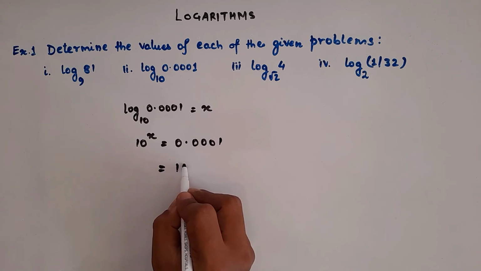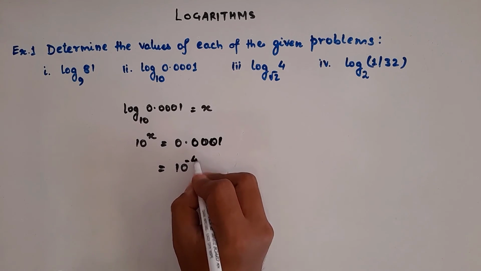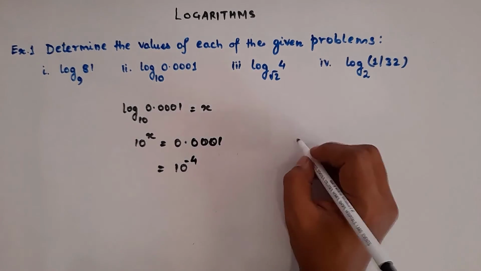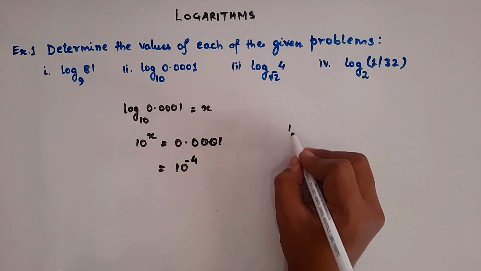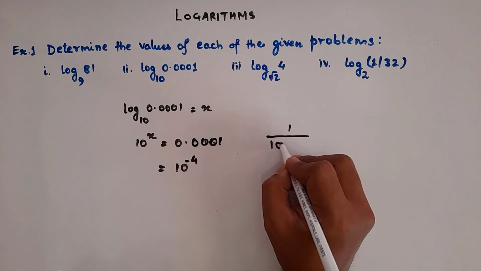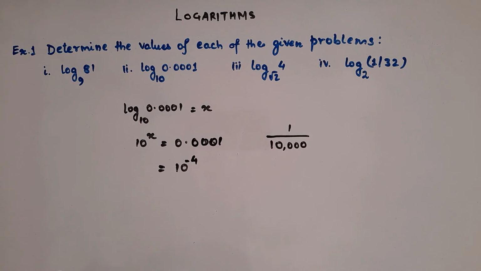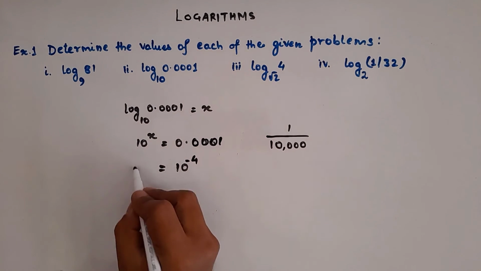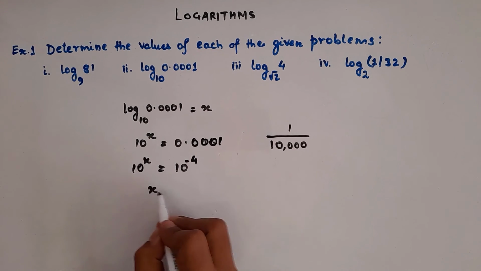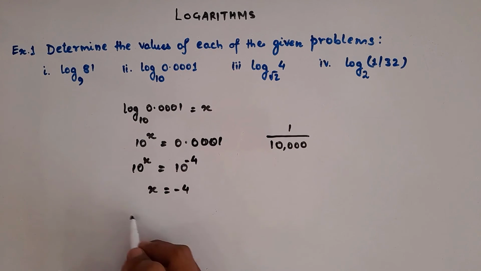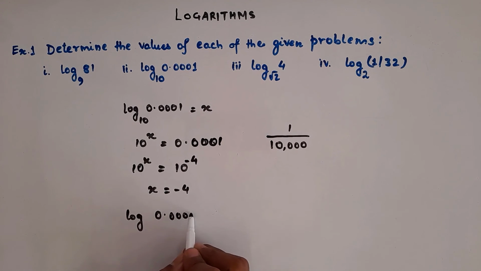And so that is 10 to the power of negative 4, or another way to look at it is 1 divided by 10,000. So that gives us 0.0001. Now if we equate both sides, that gives us x equals negative 4. So that means logarithm of 0.0001 to the base of 10 gives us negative 4. Let's move on to the next problem.